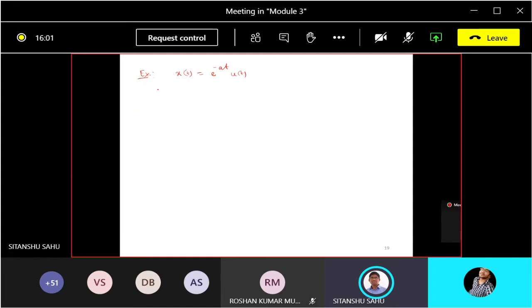Let us see the boundedness of this x of t. If I look at the integral from minus infinity to infinity of x of t dt, it should be a finite number.